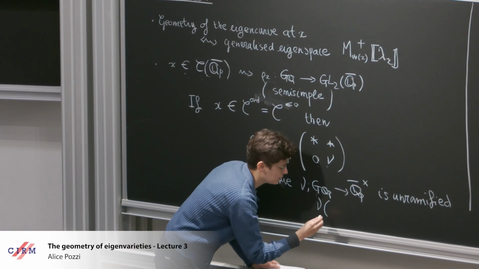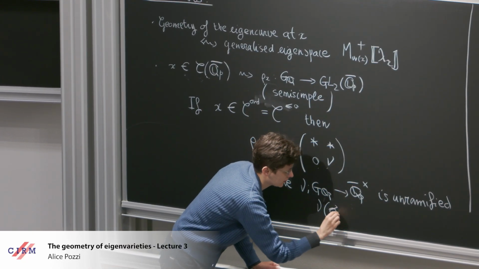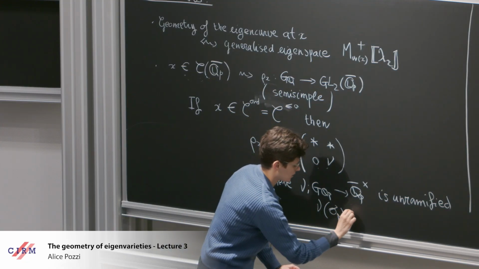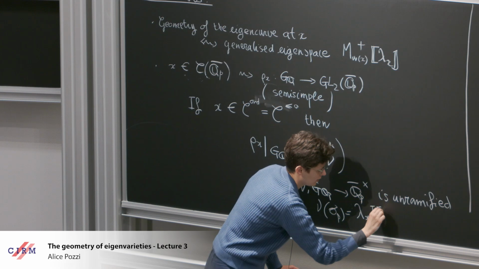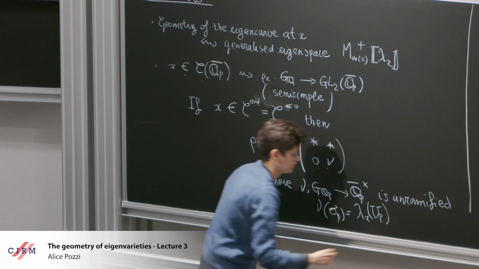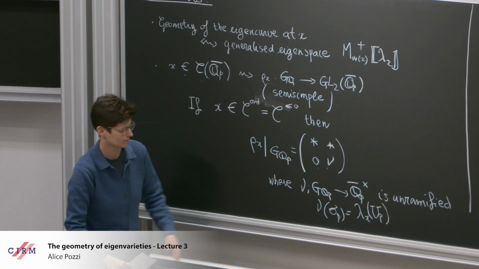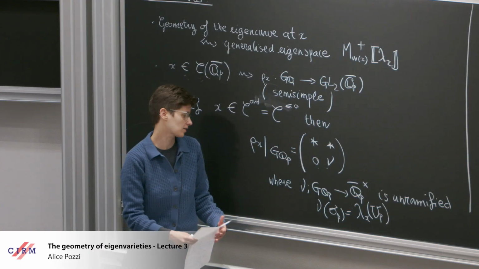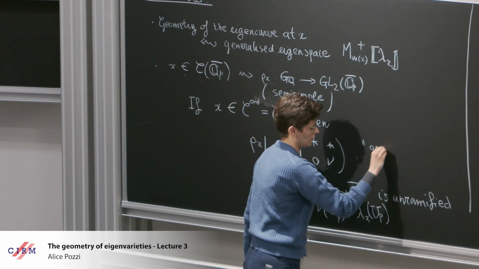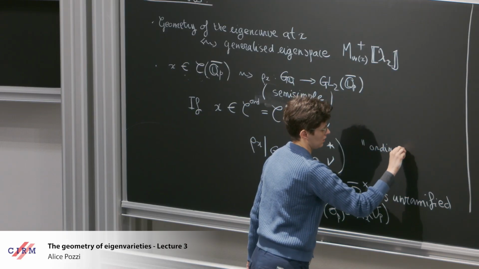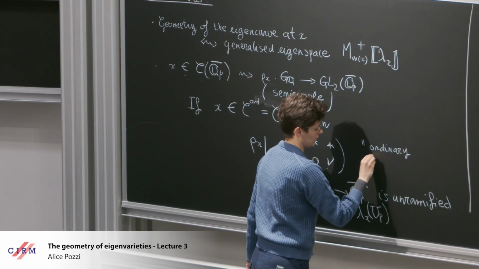Since it's unramified, I can evaluate it at Frobenius at p, and this is going to be equal to lambda_x(U_p). This is called the ordinary condition for a representation.